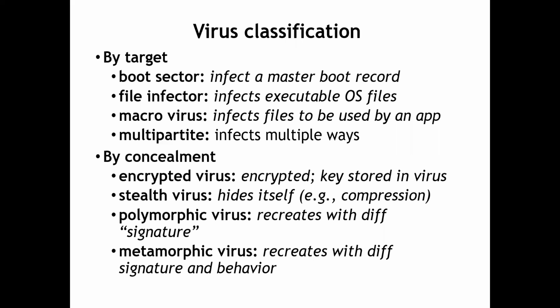So depending on the type of virus, we have the macroviruses. Macroviruses infect files that are to be used by an application. We have multipartite viruses. Multipartite viruses infect in multiple ways. They're not limited only to maybe boot sector or macro.